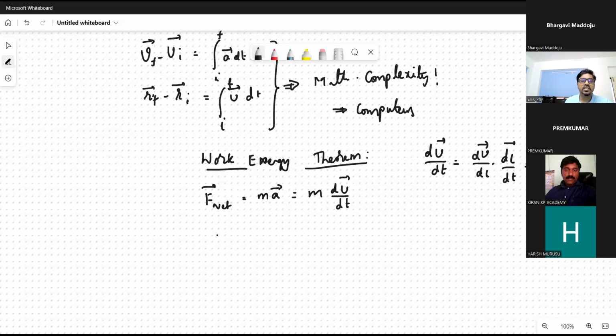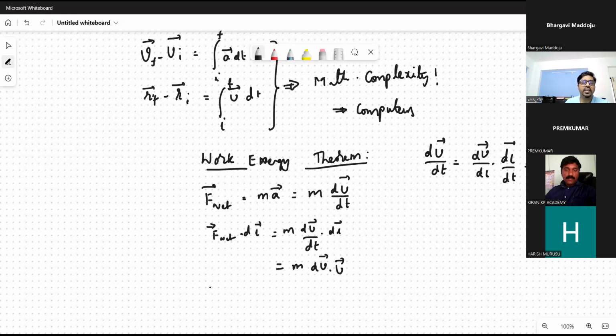So you can take that dl the other side, then you will have F net dot dl bar equals to mass into dv bar by dt dot dl bar. So this you can write as m into dv bar dot v bar. dl bar by dt can be written as v bar. All right.